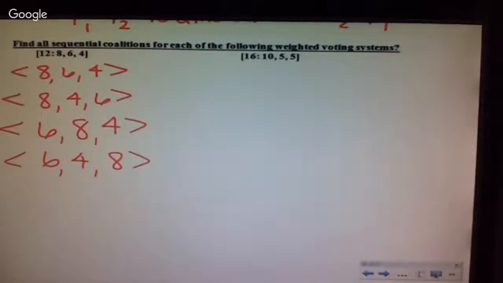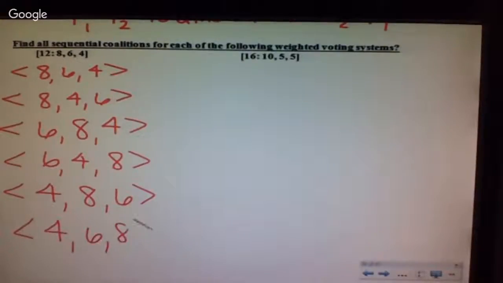Is there any other way to write it with 6 first? No. So then we move on to 4: 4, 8, 6, and 4, 6, 8. Is there any other way to write that? No. We're done.